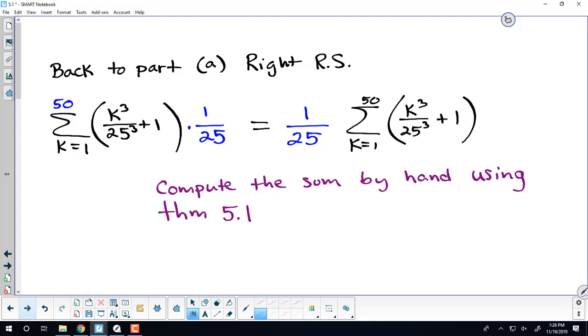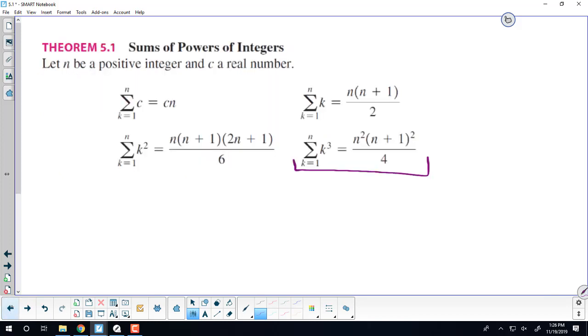The plus 1, right? Because the sum's attached to both of these pieces. The first sum involves the k cubed. The second sum involves the 1, which is a constant. So we have to utilize both of those to compute that particular sum by hand.